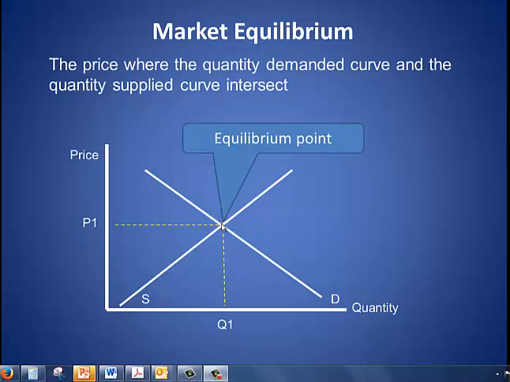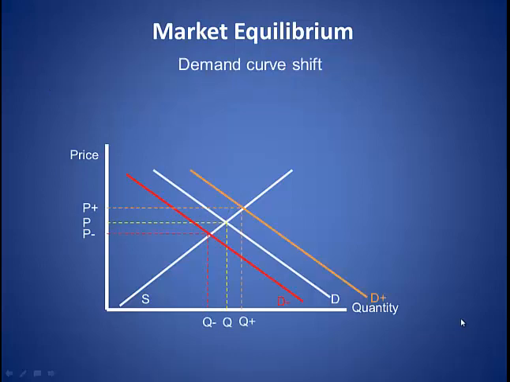So this is called the equilibrium point. Now that we've talked about market equilibrium, we're going to examine what happens to market equilibrium when we have shifts in the demand and the supply curve.